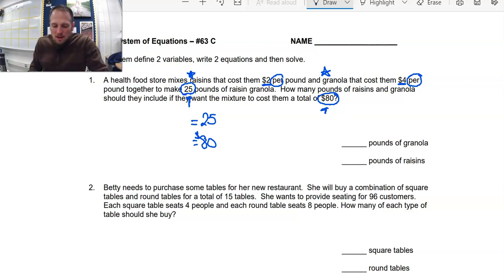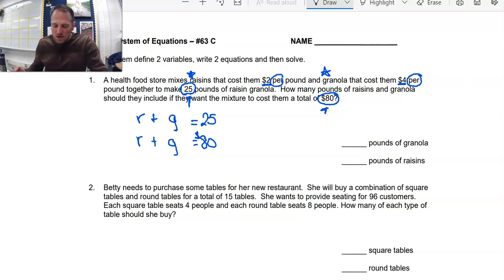Okay. Now let's go back up and read this and put some stuff in. I'm pretty certain that I'm going to need an R and a G in both of these equations. Now it says that the raisins cost them $2 per pound.